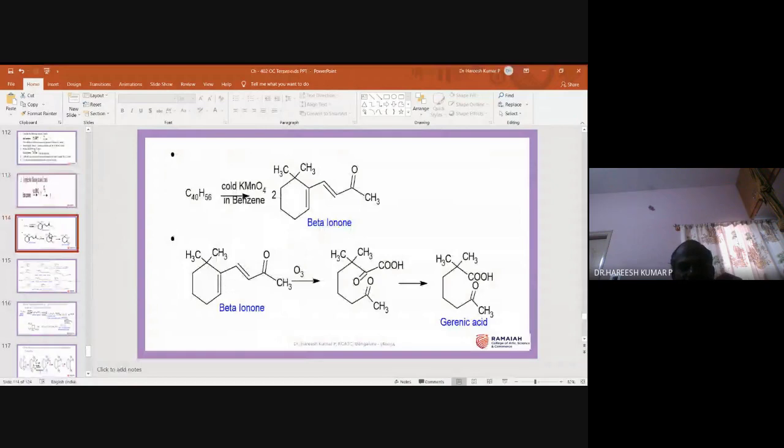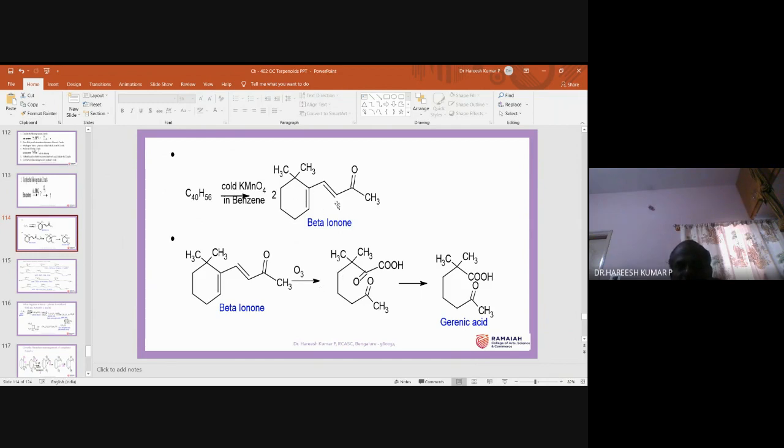So this is beta carotene. Beta carotene, when it is treated with cold KMnO4 in benzene, gives beta ionone. This beta ionone, when it is treated with ozonolysis, gives an intermediate like this, and then finally it will give you geronic acid. It is for the 2 marks question.